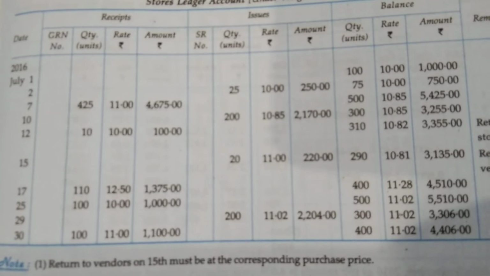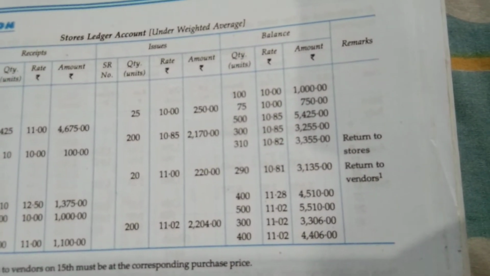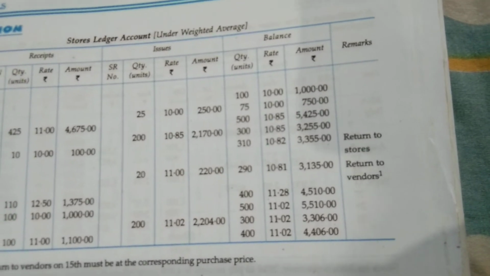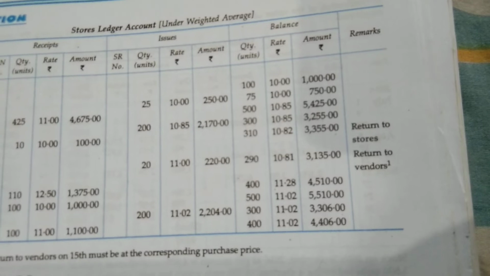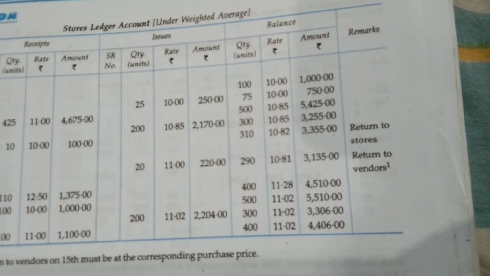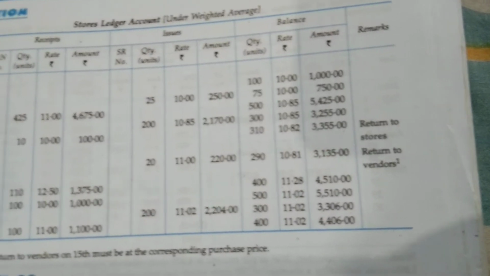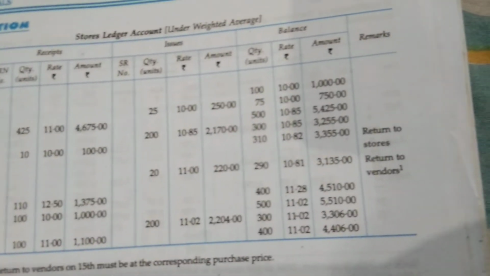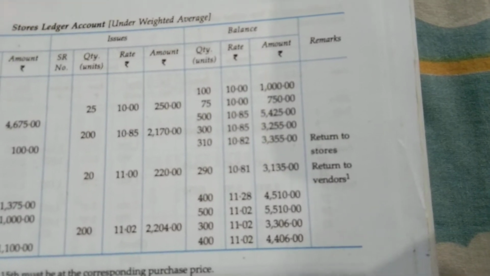Then what is the value of P2 Q2? 4675. And the value of P1 Q1 is 750. And what did I tell you? P1 Q1 plus P2 Q2 divided by Q1 plus Q2. Q1 was the first lot quantity 75, and 425 is the second lot quantity. The value we have got is 10.85.